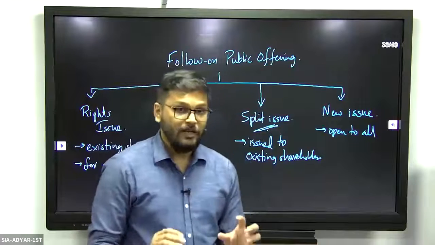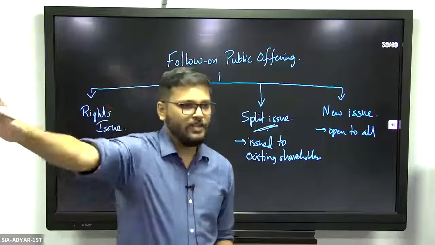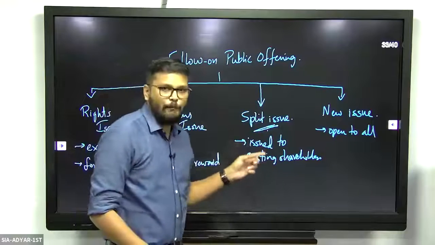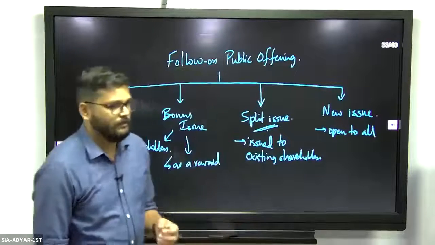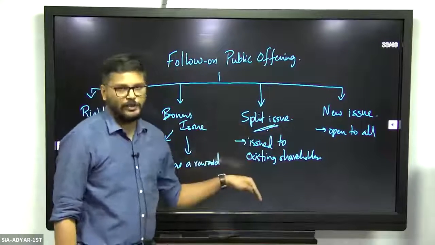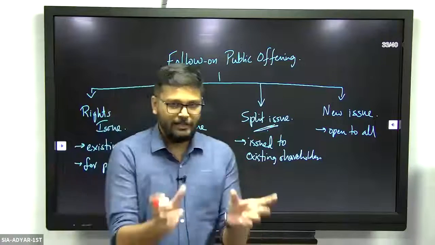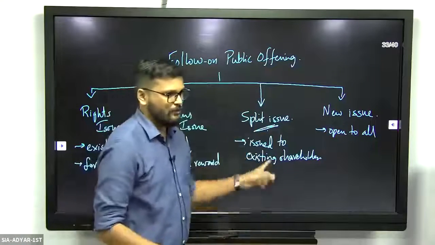Which means if they want, they can sell half a share now because it is split into two. They can sell one while retaining the other. So it increases the number of shares without increasing the value of the share that is held by the person. They'll still have 10,000 rupees worth of share, or face value 1,000 rupee worth of share. But instead of one share of 1,000, they are having two shares of 500. That is what is a split issue.